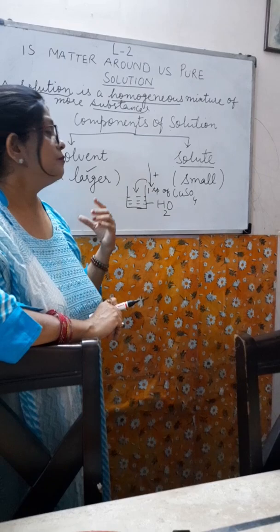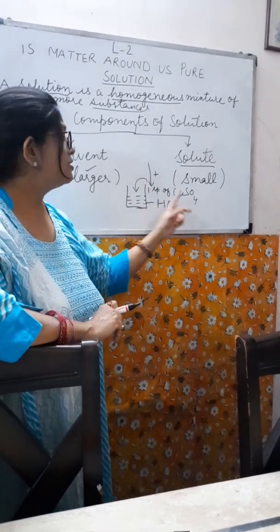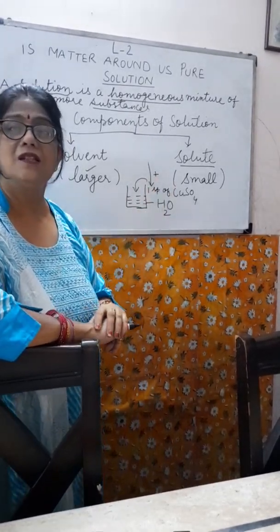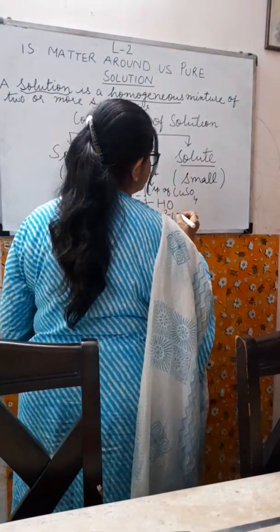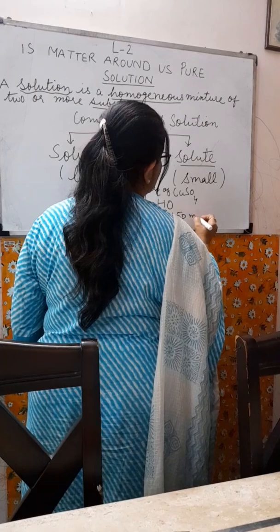Suppose you are being asked to identify which one is the solute and which one is the solvent in this. How will you identify? I told you this is 50 ml.